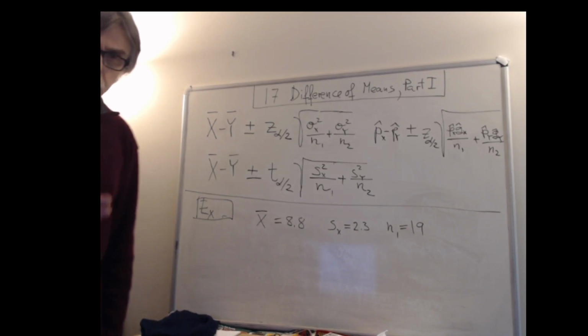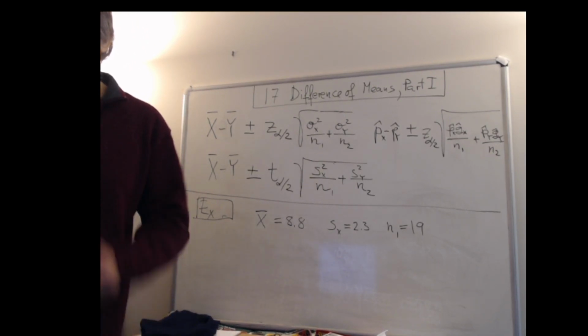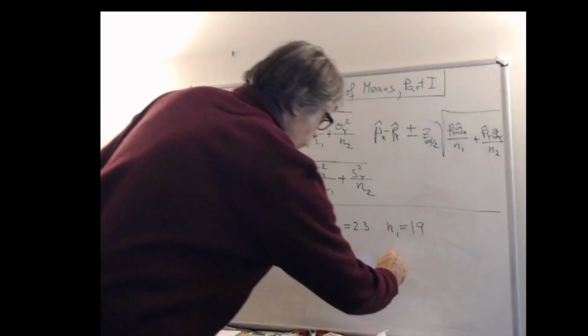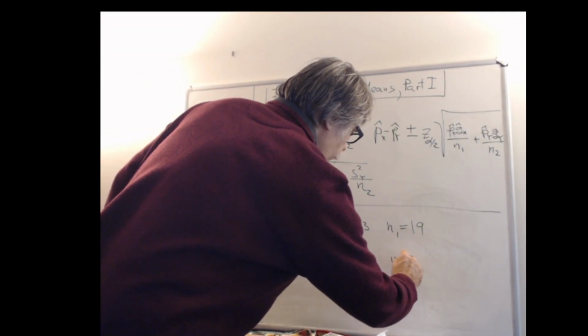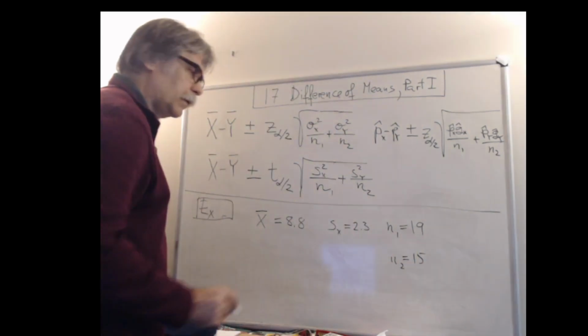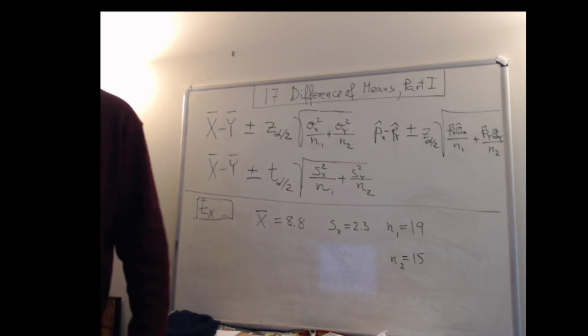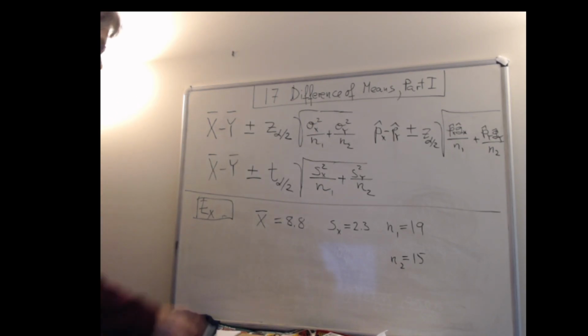In the second group, that's continental group, you can call it, we have 15 birds. Their mean wingspan was slightly smaller. It was 7.5 inches.